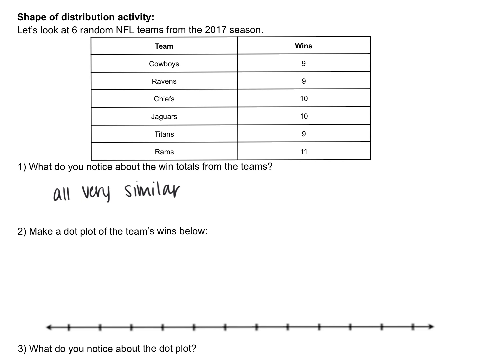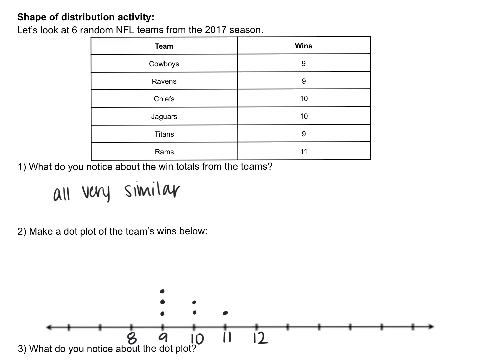If I'm going to make a dot plot of this, I can pick an arbitrary starting point. I'm going to do 8, 9, 10, 11, 12, just put some numbers on there. So I have 3 dots above 9, 2 dots above 10, and 1 dot above 11.